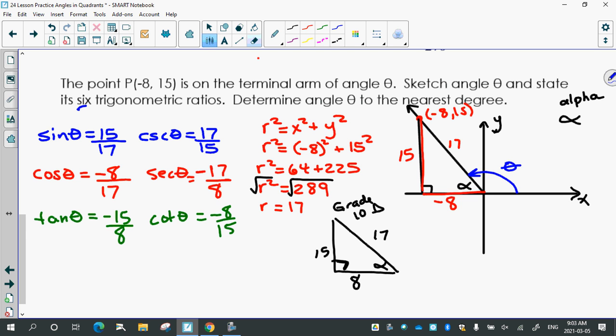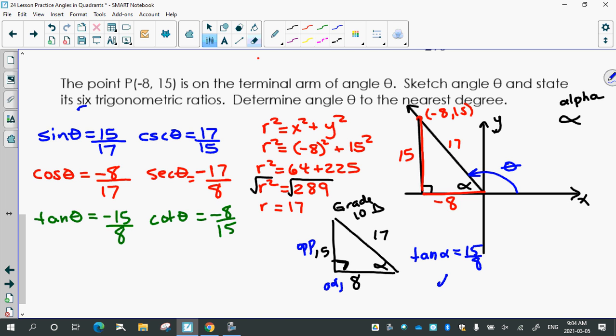I always use tan, so tan is opposite over adjacent. So I'm going to do tan of alpha equals 15 over 8.